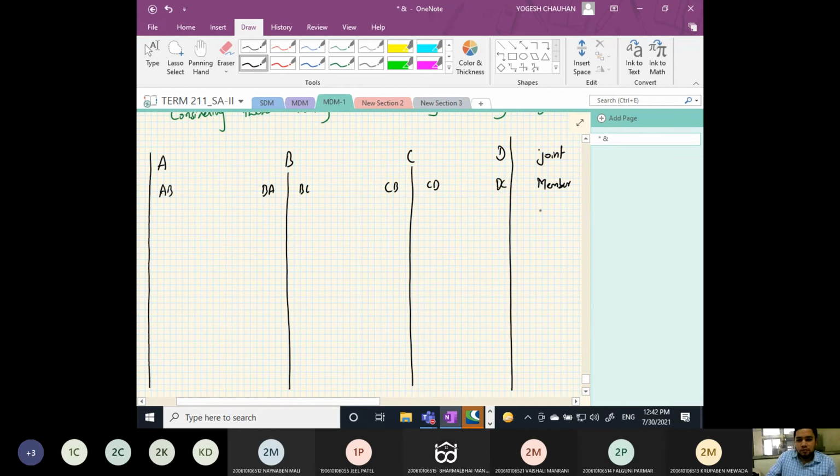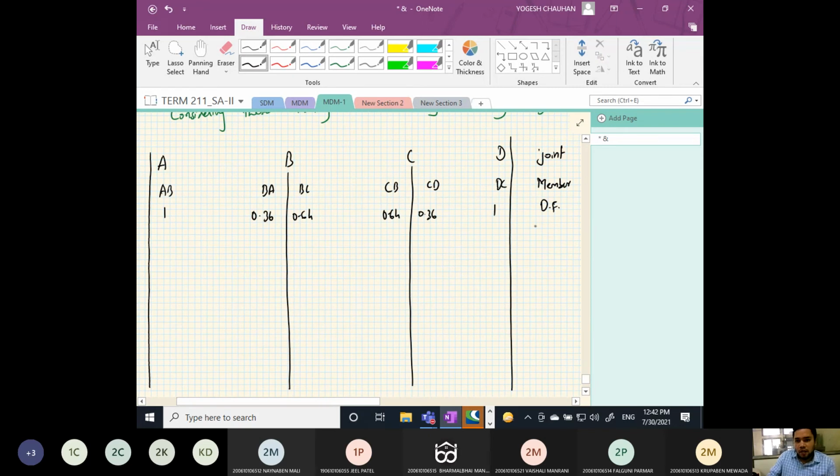Okay, then we write the distribution factor. Distribution factors are same as earlier. This is 0, this is 1, 0.36, 0.64, 0.64, 0.36, and this is 1.